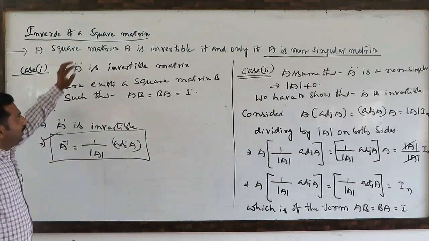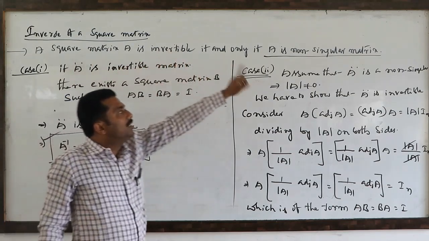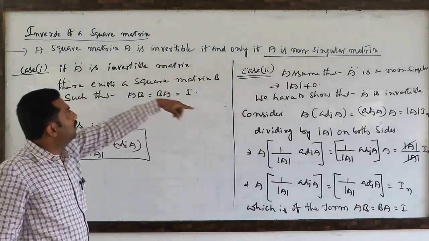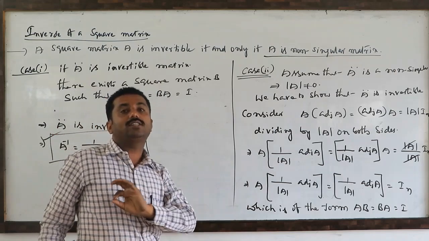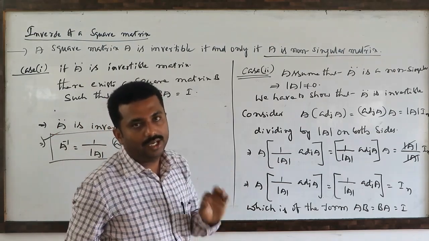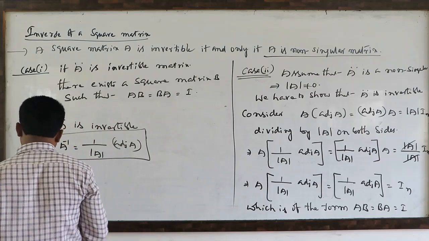You remember, A is invertible means non-singular, and A is non-singular means A is invertible. Suppose A is singular, it means inverse does not exist.